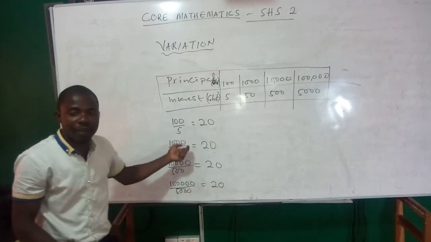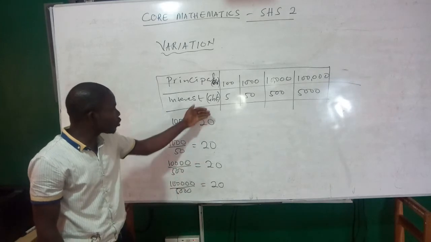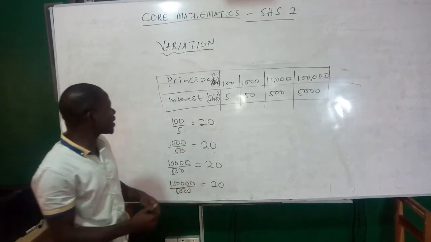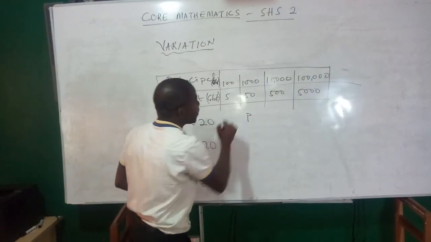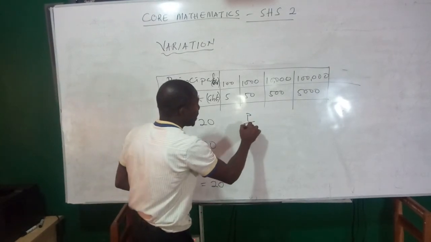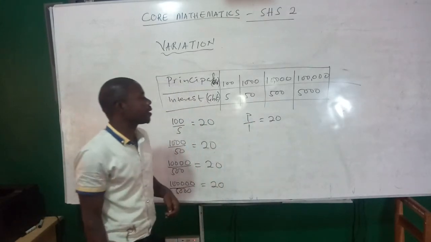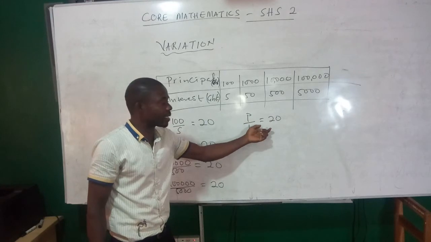So whenever we divided, we've seen that this 20 is constant throughout. So from here we can say that whenever we divide the principal by the interest, we are going to get 20, which is a constant value.